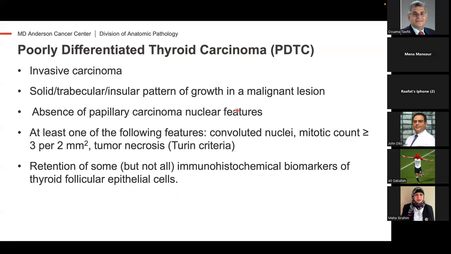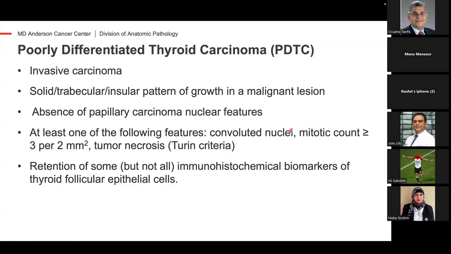And then you look at the Turin criteria. For the Turin criteria, you need one of the following: convoluted nuclei, mitotic count of greater than or equal to 3 per 2 millimeters squared or 10 high power fields, or tumor necrosis. If I only find convoluted nuclei, I need more.